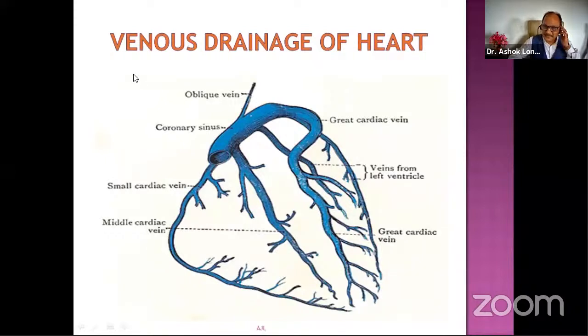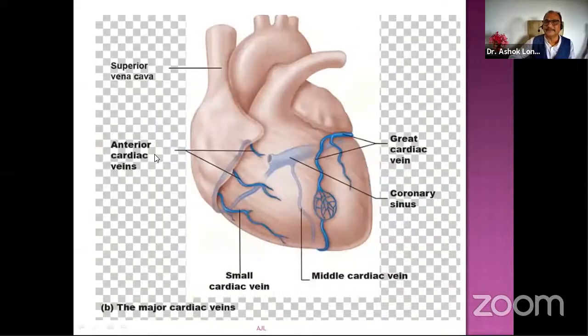This is the venous drainage of the heart, where you get one large structure, a continuation of the great cardiac vein, and that becomes the coronary sinus. Other structures are the small cardiac vein, middle cardiac vein, and great cardiac vein, and these veins ultimately open into the right atrium.